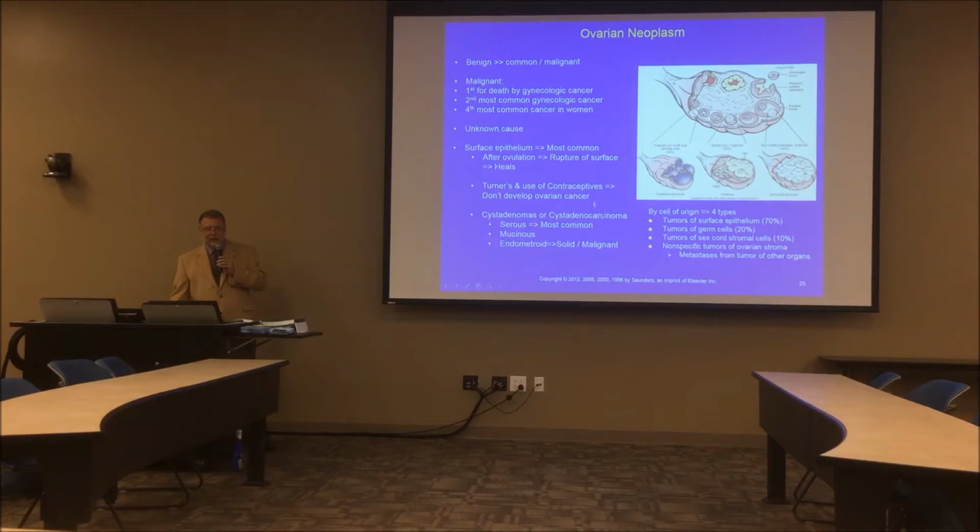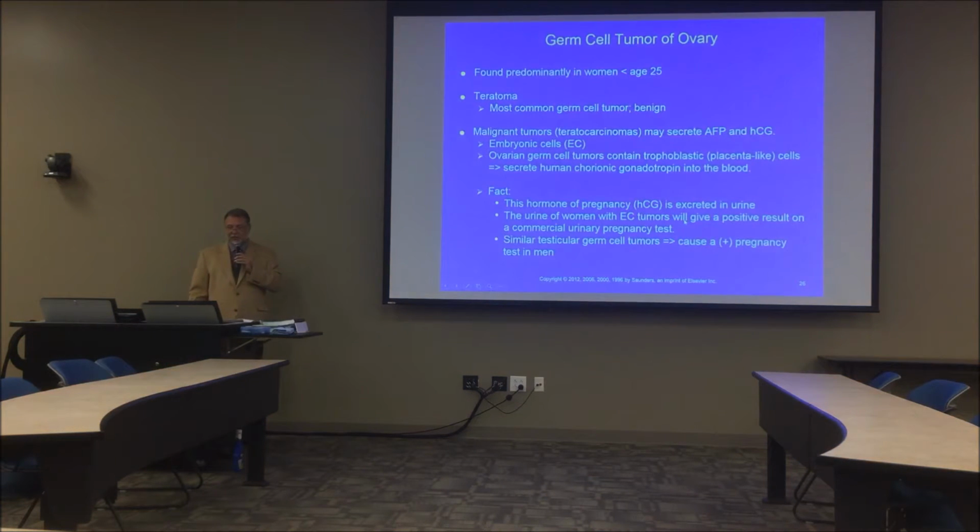Some types of cancer happen in some specific situations, and others, like Turner's and use of contraceptives, will not develop into ovarian cancer. Some cells that will originate this are listed here. The surface epithelium is the one that's going to be the most consistent as having this neoplasm.